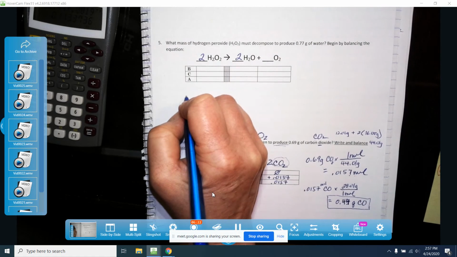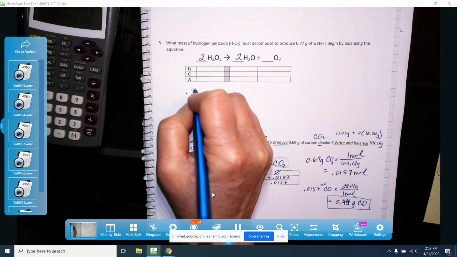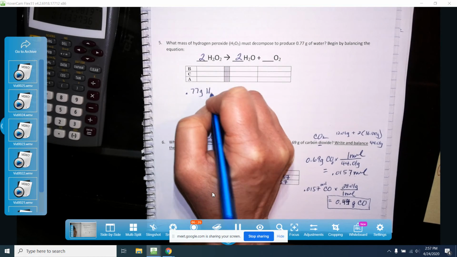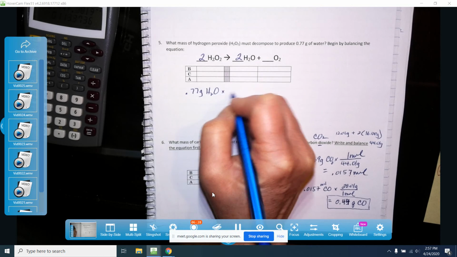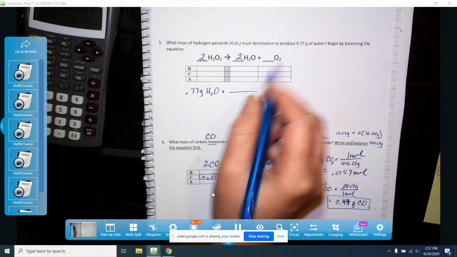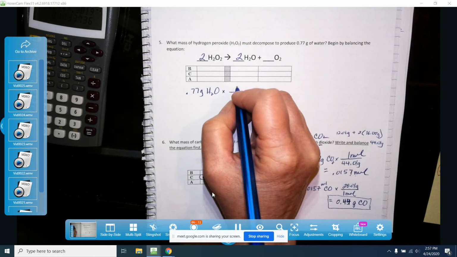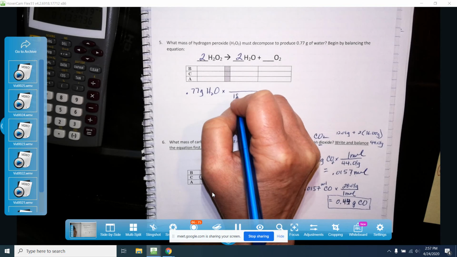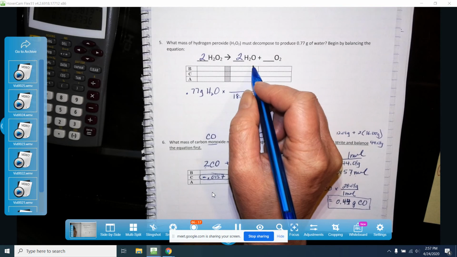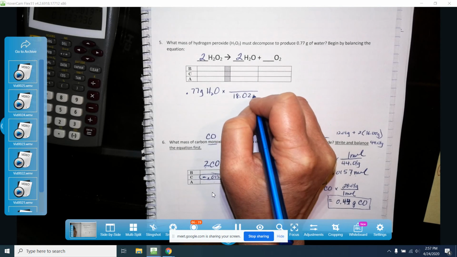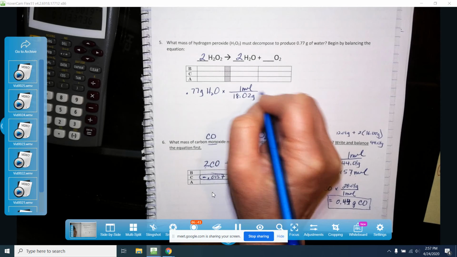Okay, so I'm going to convert my 0.77 grams of water to moles first. I'm not going to put that there. And it's 18.02 grams is 1 mole.